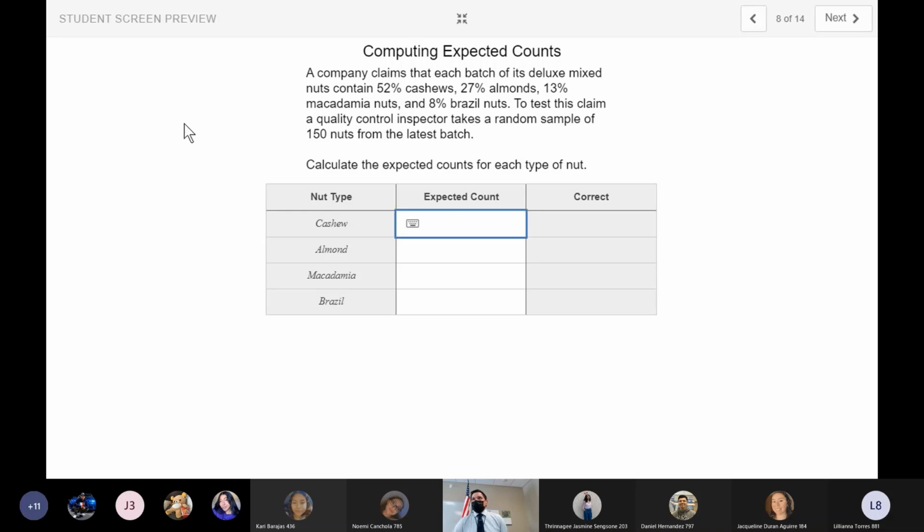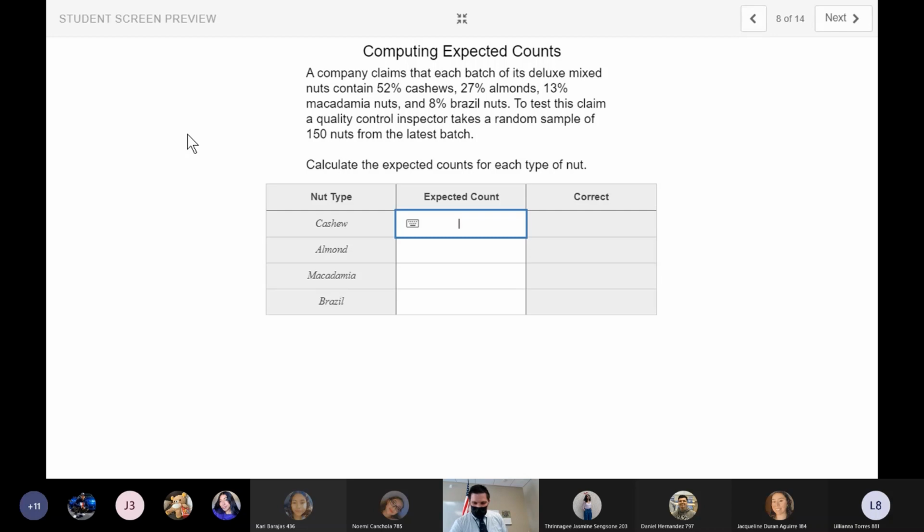Now when we're calculating our expected count for each category, all we're doing is taking the sample size and multiplying it by the percent probability of that nut, at least the assumed proportion. So you get 150 times 0.52, 150 times 0.27, 150 times 0.13, 150 times 0.08. Please make sure when you convert your percentage to a decimal that your decimal is in the right place.